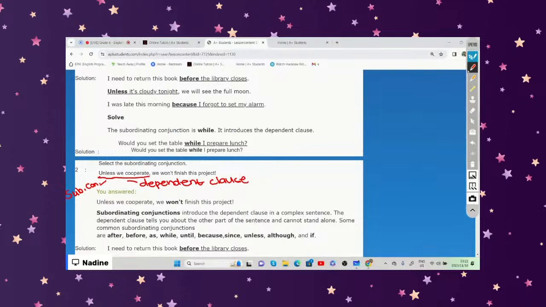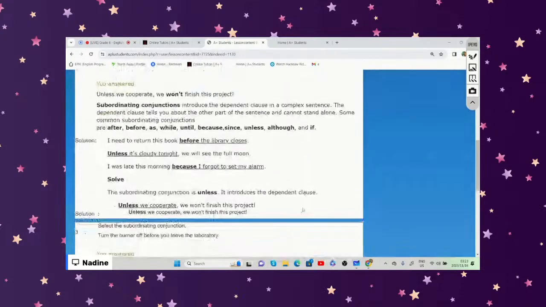So our subordinating conjunction is unless, right? So unless we cooperate, that is our dependent clause.